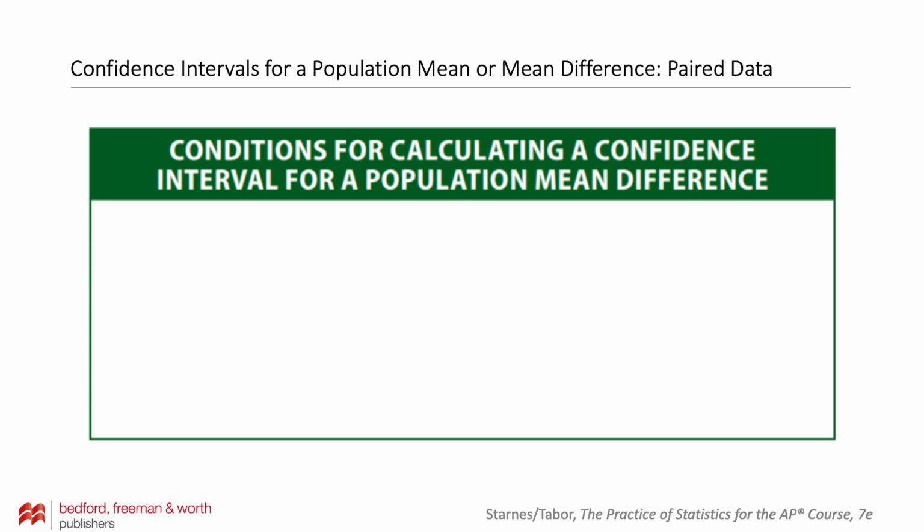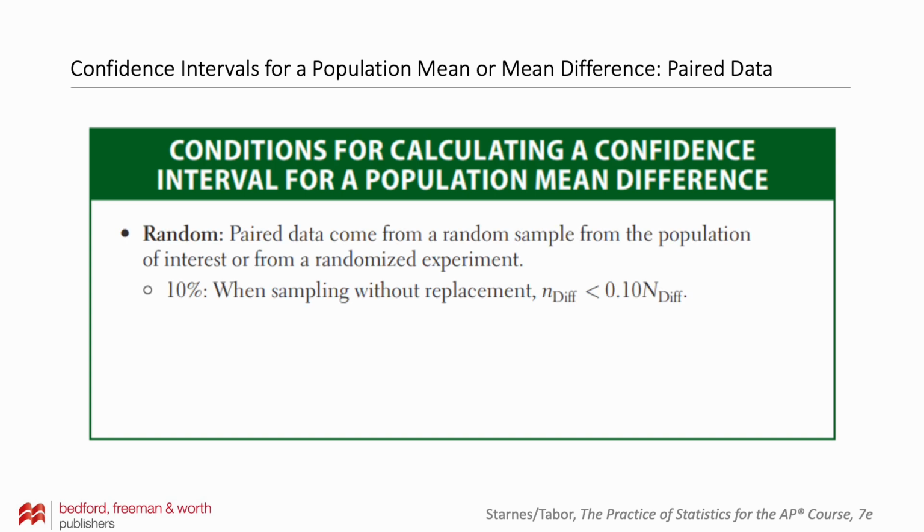When we're doing the conditions for calculating the confidence interval with paired data, we need to make sure that the paired data comes from a random sample from the population of interest or from a randomized experiment. We do need to check the 10% condition when sampling without replacement. It is the sample size of the difference, n diff, less than 10% of the population difference. So now it's going to be the difference; that's the subscript there.